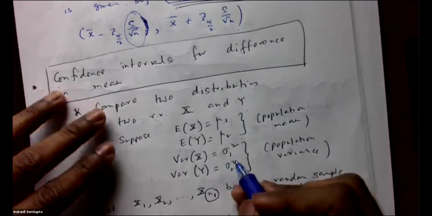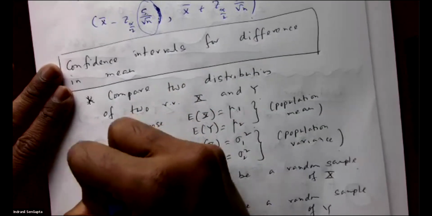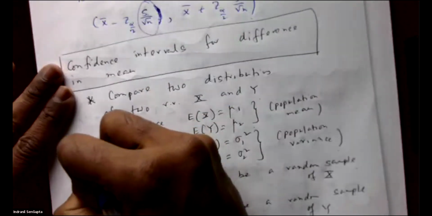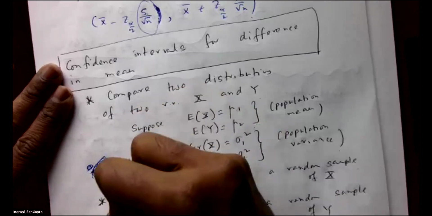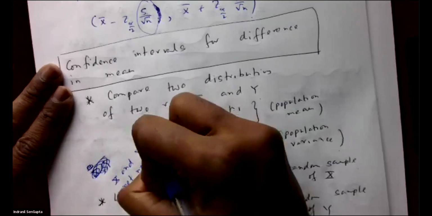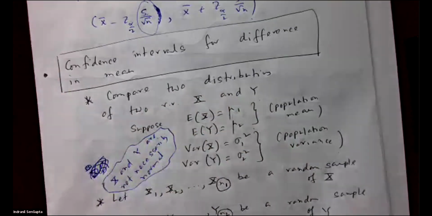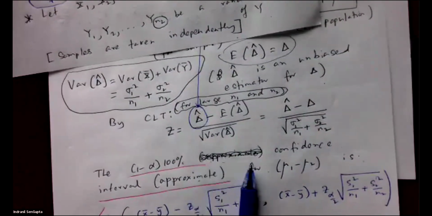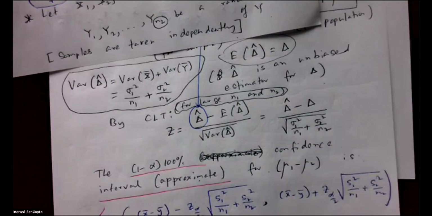So x and y are not necessarily normal. That was the underlying assumption, and that's why when we computed the confidence interval, it was approximate.